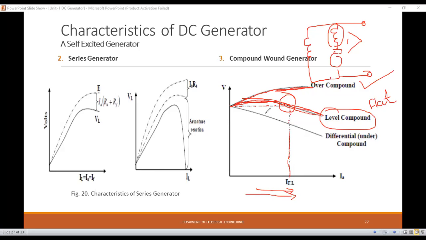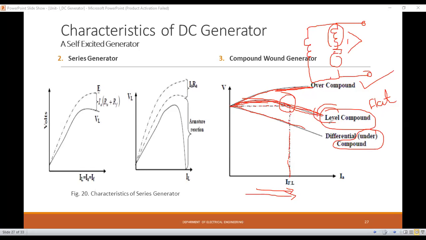Okay, now the series field winding, if it is having a less number of turns than that of a flat compounded generator, जर series field winding च्या turns जे आहेत ते flat compounded generator पेक्षा कमी असतील, then the curve can be obtained. So this curve is called a differentially compounded generator, or it is nothing but under compounded condition.